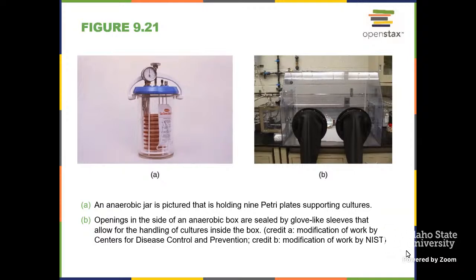This other one is more of a true anaerobic chamber. All right. And we've got some gauges up here that we can see that we've sucked all the pressure out of.